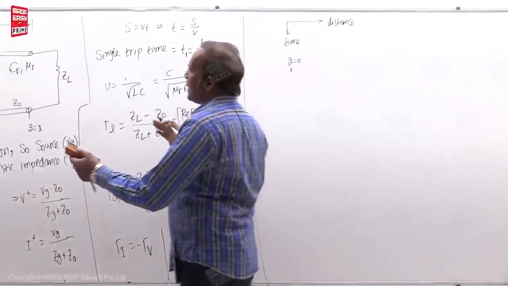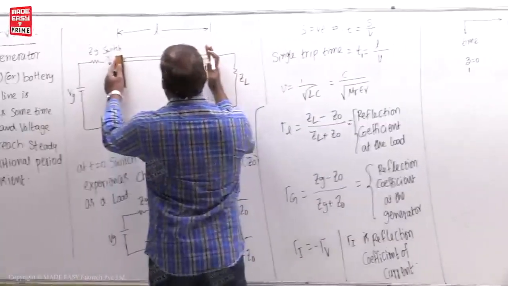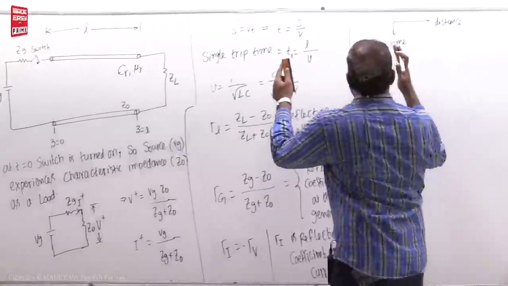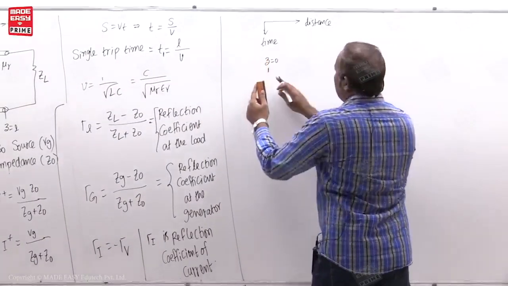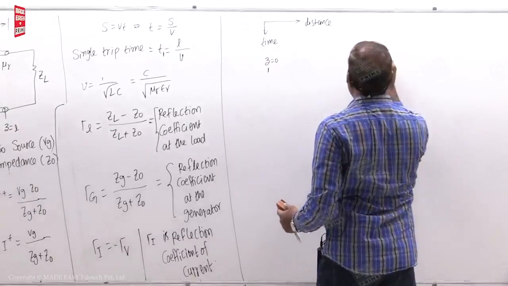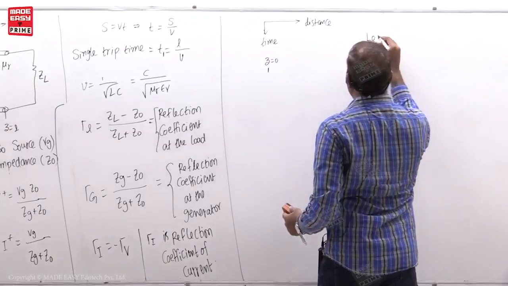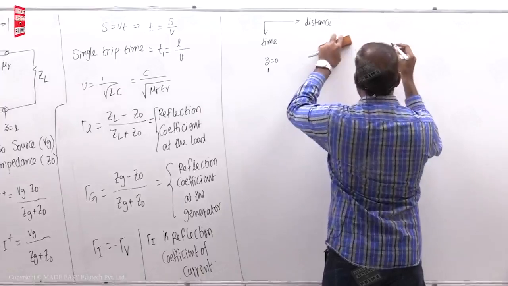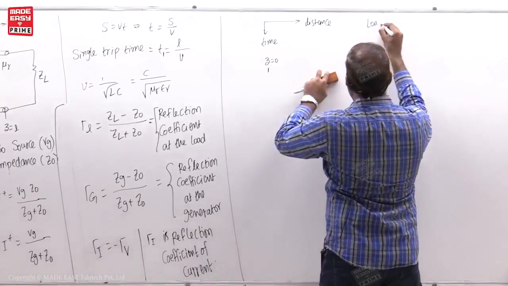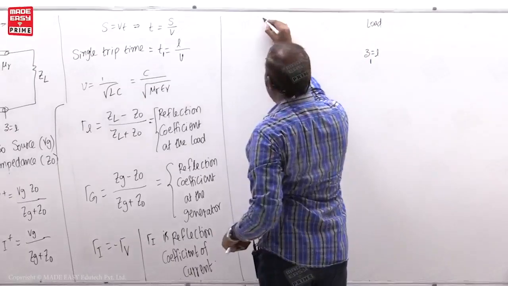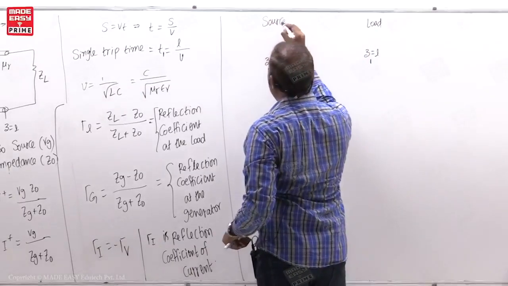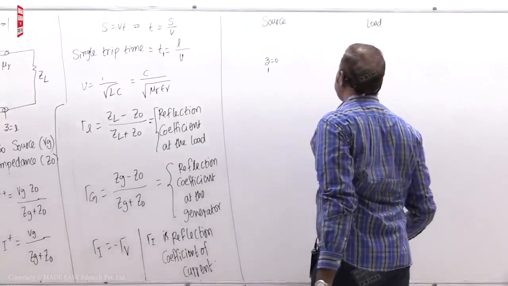Now the transmission line length is L, so here Z is equal to L. This is called the load end. This is called the source end, otherwise the sending end.